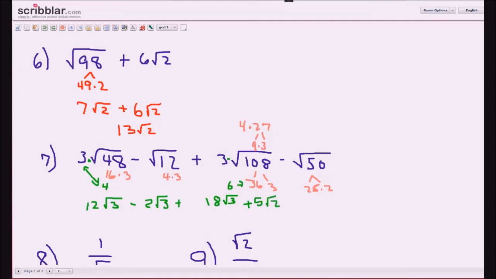Well, the first 3 match, but the last one doesn't. So it's not the same as, but it's going to be like x and y. So we have 12 minus 2, which is 10. 10 and 18 gives you 28. So we're at 28 root 3 plus 5 root 2.